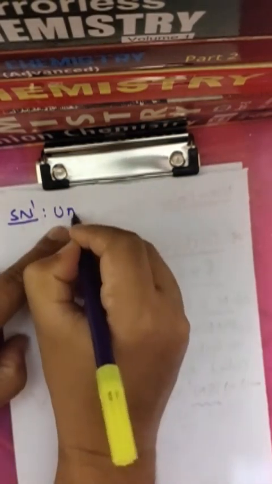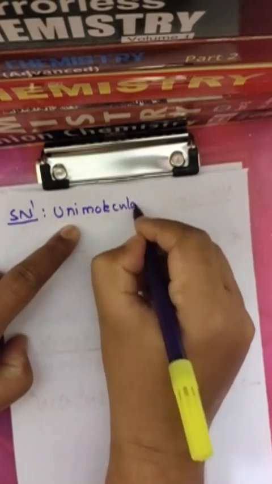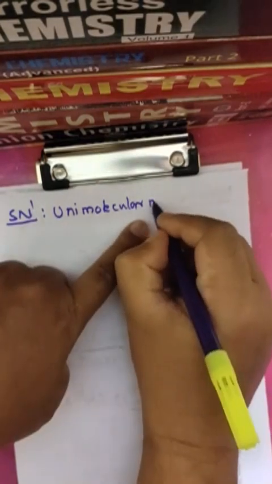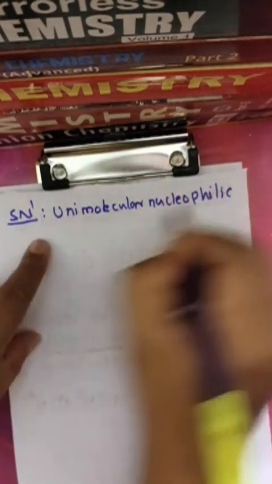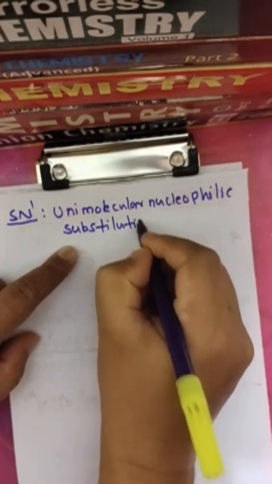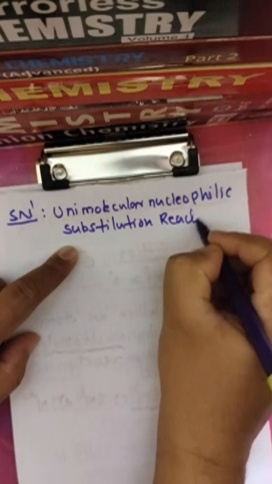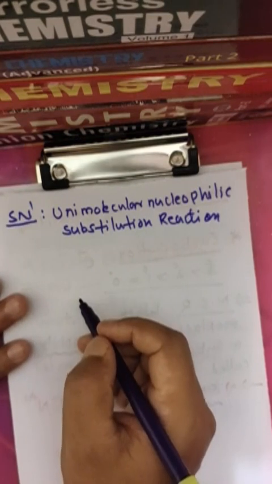SN1: here 1 means unimolecular, N means nucleophilic, S means substitution. So SN1 is unimolecular nucleophilic substitution, and such reactions we call unimolecular nucleophilic substitution reactions.